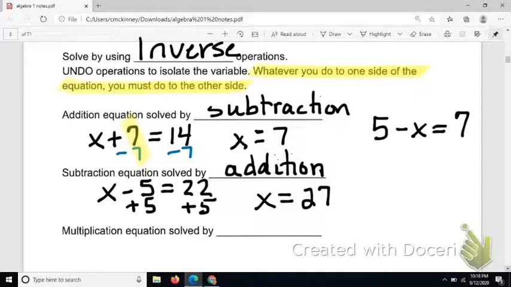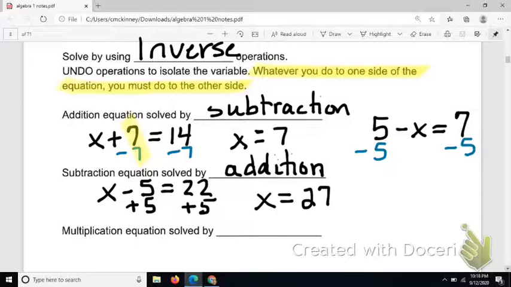This is really a two-step equation, and I see that there is subtraction, but you're trying to get the x by itself, so we really want to get rid of that 5, and so since the 5 is positive, we would subtract 5, because adding 5 is going to make that a 10.